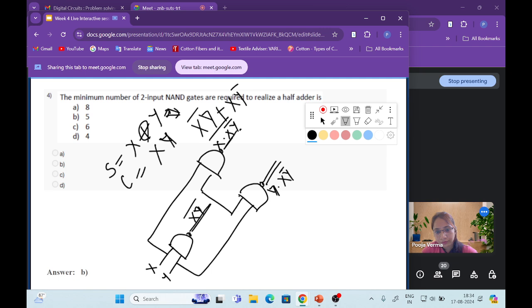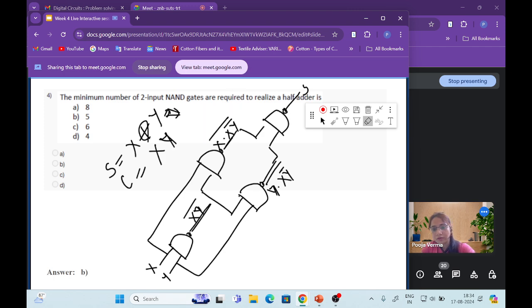Now it is going to the next NAND gate. So let's solve this one first. I'm removing this from here so that we can solve it.